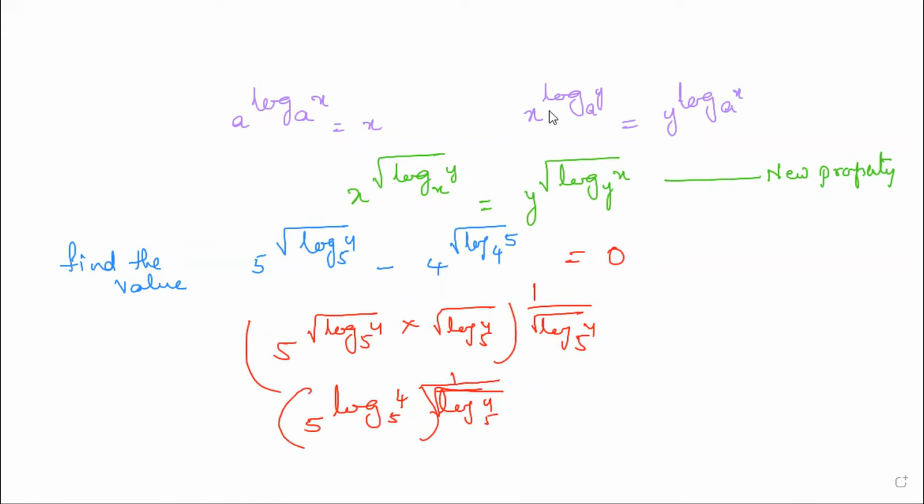So the base becomes 4, and whenever I want to interchange the number and the base, I can write this in the numerator. Since we have proved that 5 raised to root of log 4 to base 5 is the same as 4 raised to log 5 to base 4, the difference is 0.